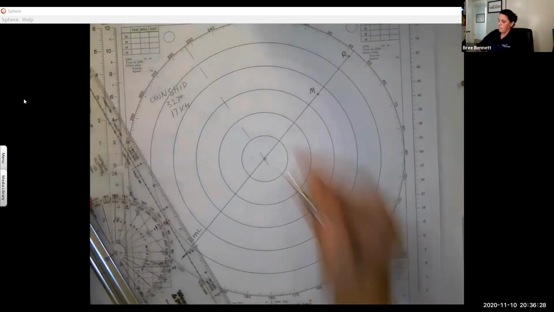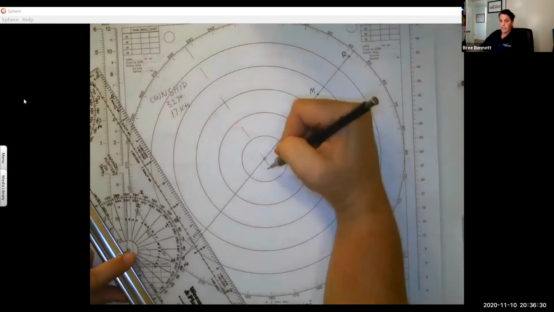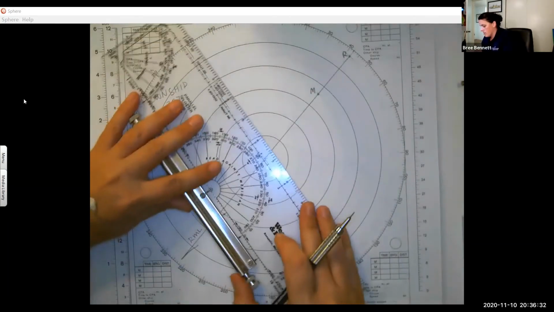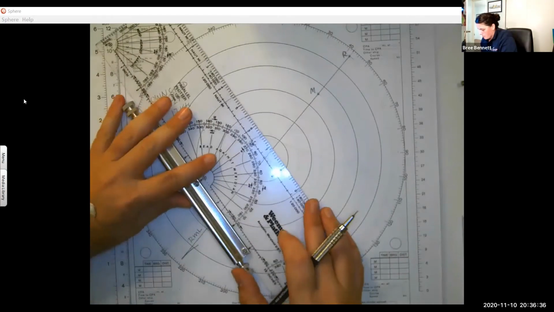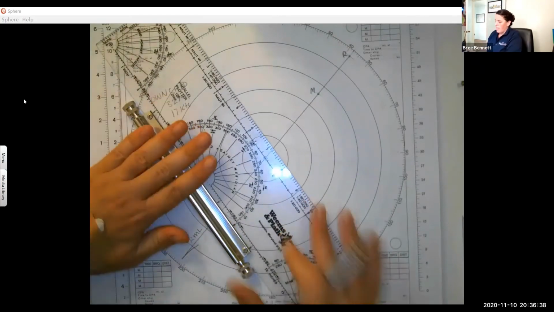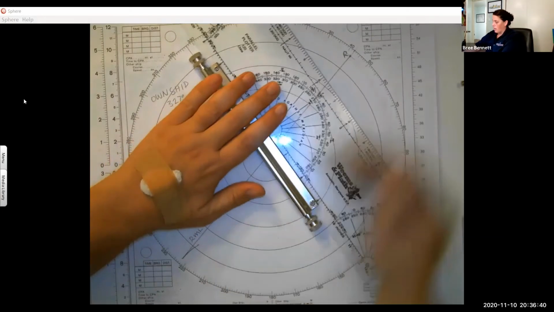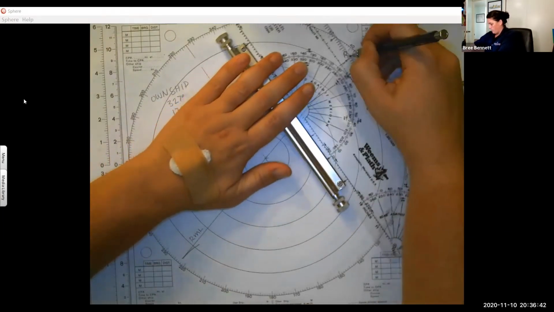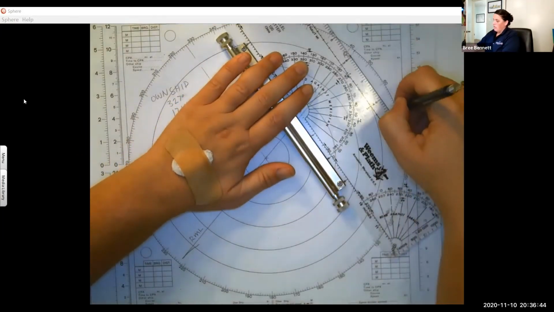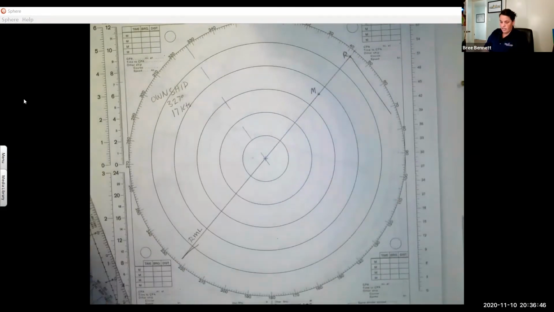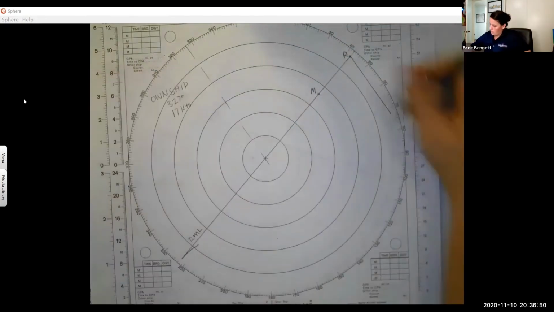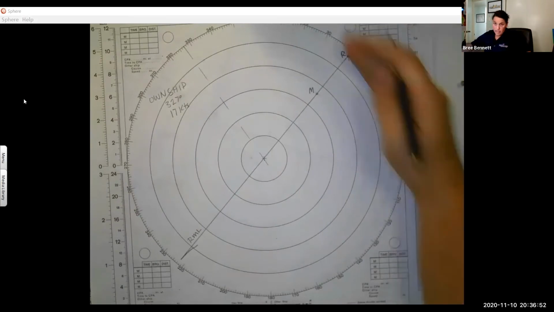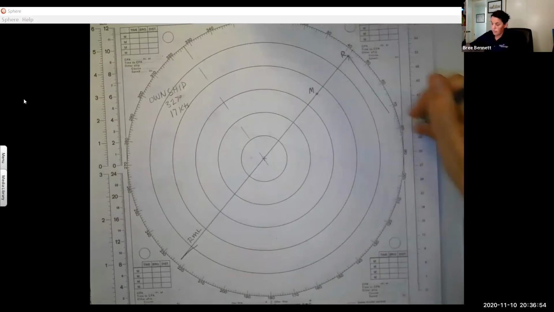So I paralleled my own ship's heading, what was it, 327. I bring that up to the R, and somewhere in this direction is 327.